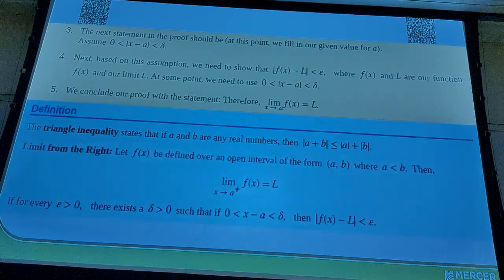Then we can define the limit from the right. Notice around the x minus a, the absolute value has been removed because it's always guaranteed to be positive.